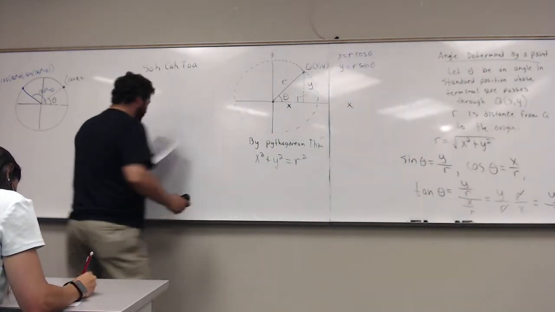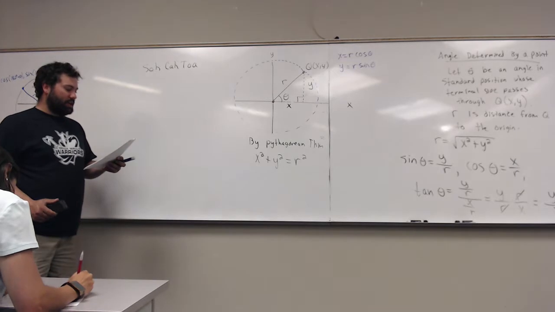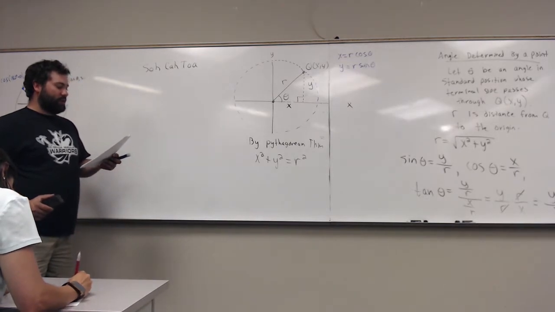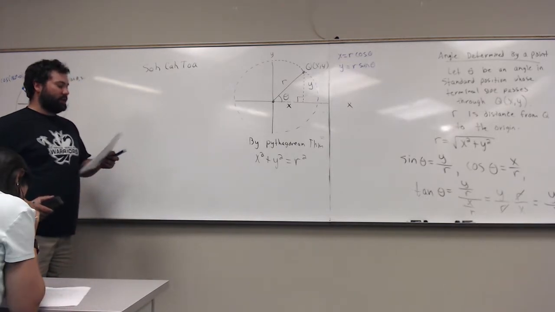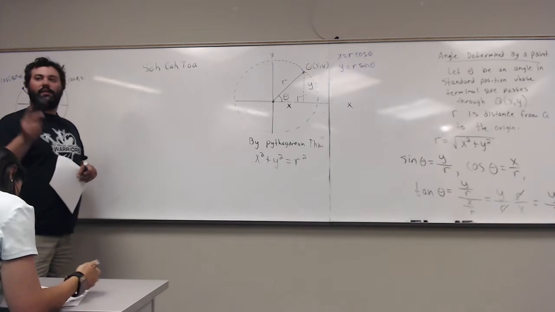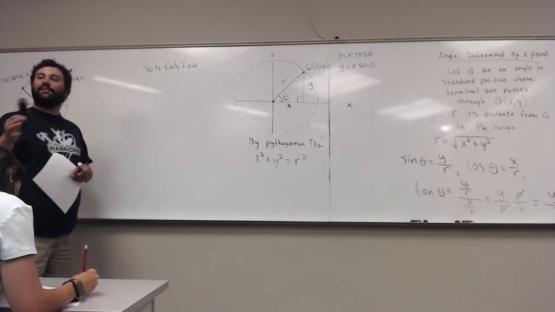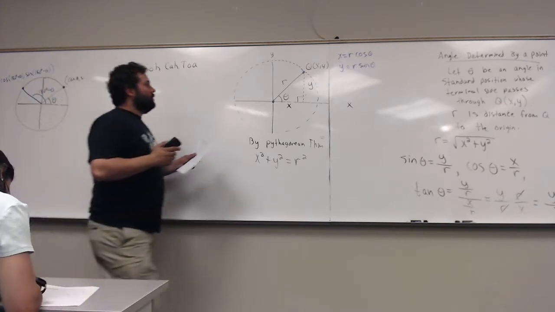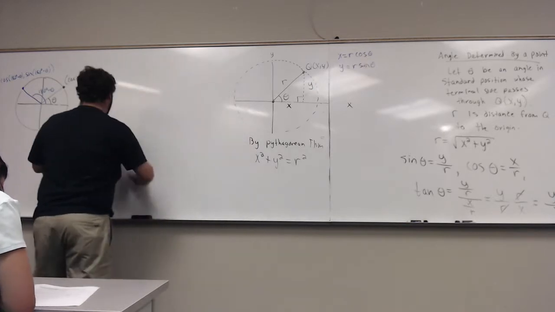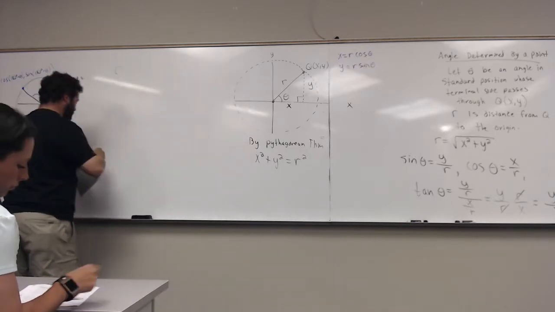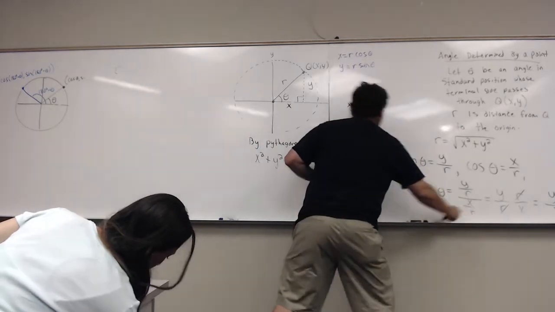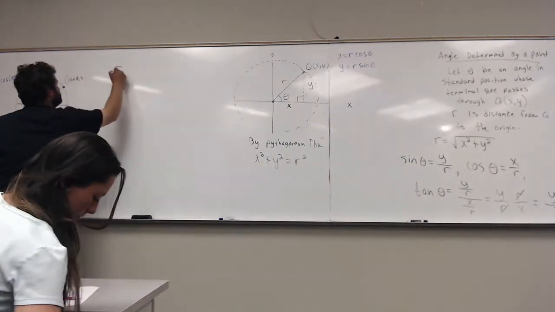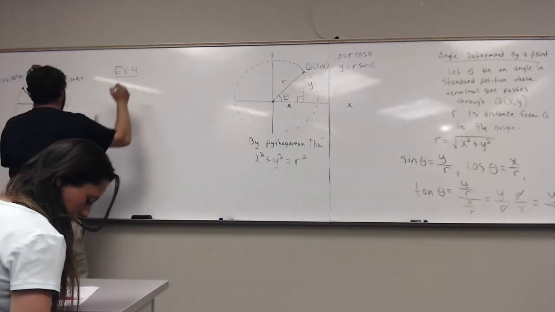So let's do an example. We're gonna take an angle in standard position whose terminal side passes through a given point. We'll find sine theta, cosine theta, tangent theta, and the angle itself. Okay. So let me come over here. Example 4. Grab something more robust.